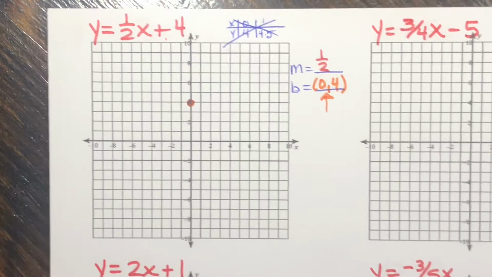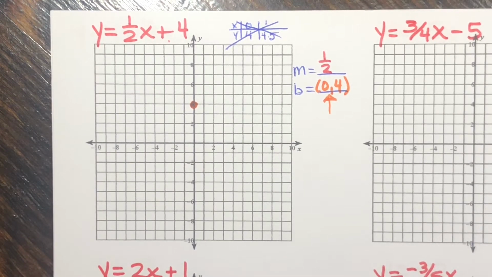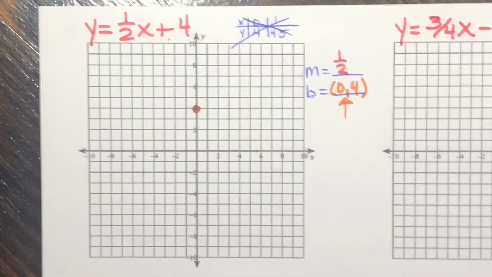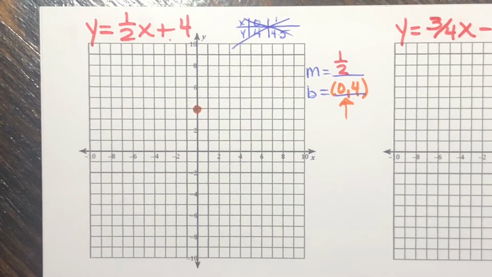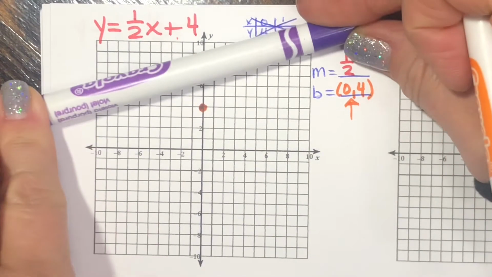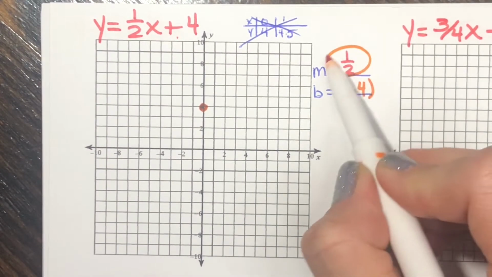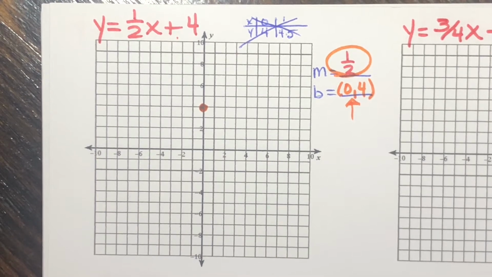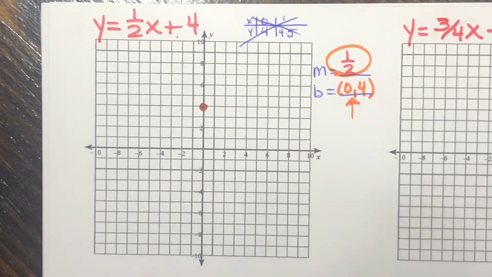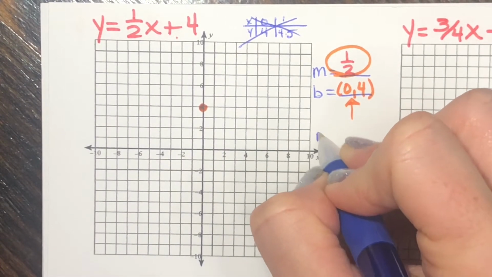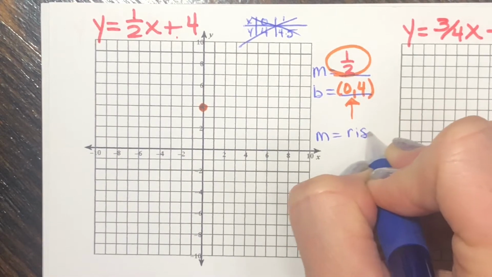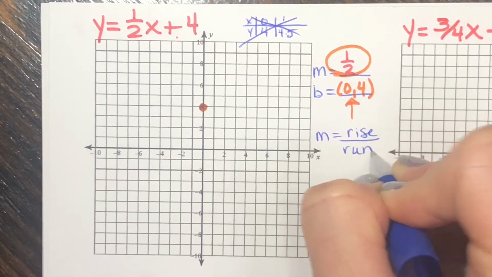This is where I don't want to have to tell you it. I want you to be able to think about it. If I need 2 points to make a line and I already have one of them, if I had a ruler out and ready, where would I put my next point? Well, that is where this guy comes in. If you remember back to when we learned about slope, we defined slope as the rise over the run, correct?